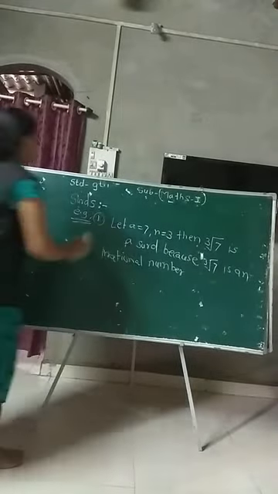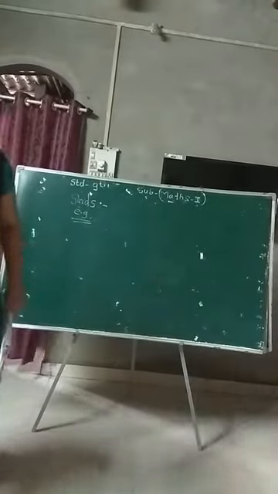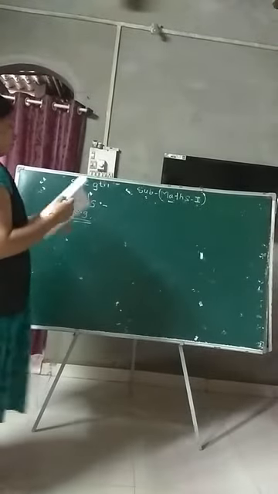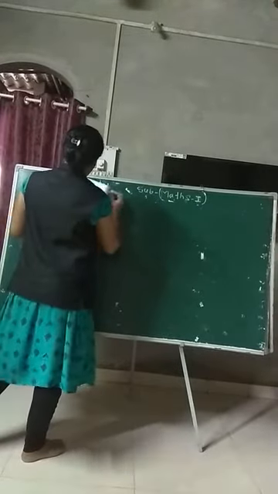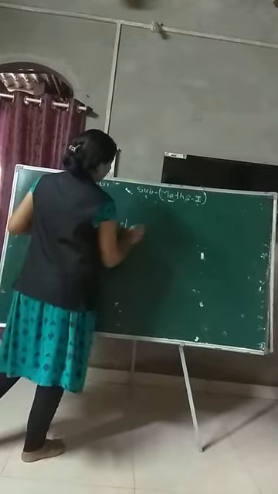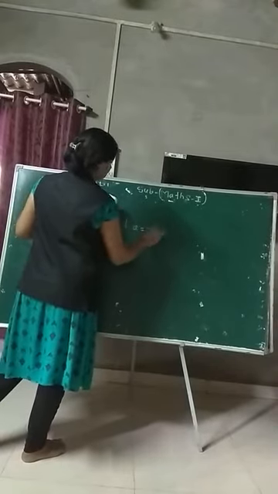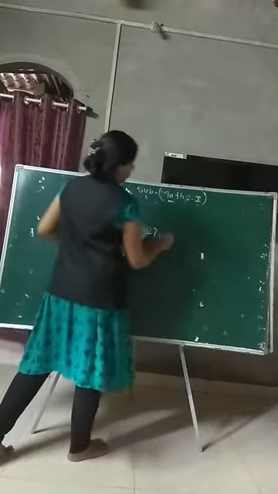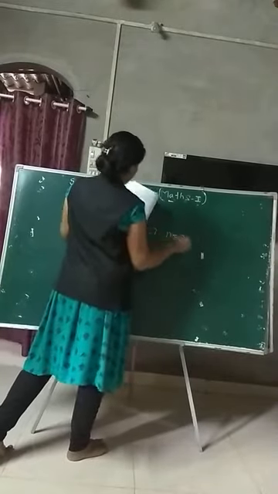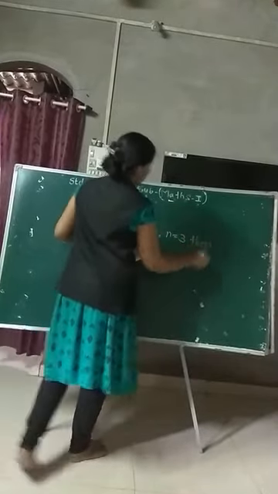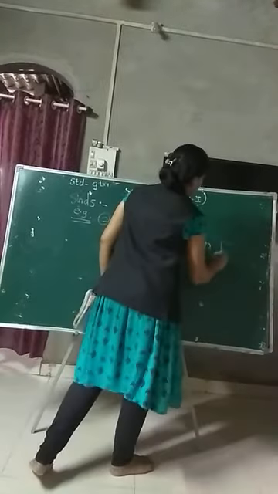Now see the second example. Let a is equal to 27, n is equal to 3, then in the root we write 27 and here we write 3.